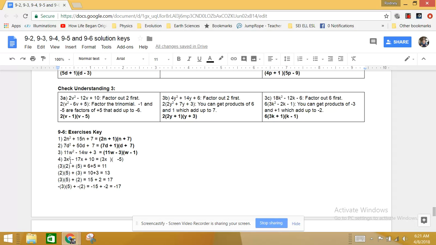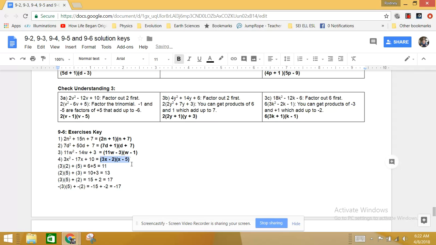And then I just have an x here because I need to get a 3x squared for my first product. And then over here, I'm going to put a negative 2 because then I get an inside product of negative 2x, an outside product of negative 15x, and that adds up to negative 17x.